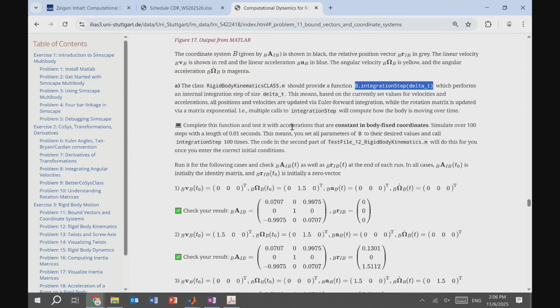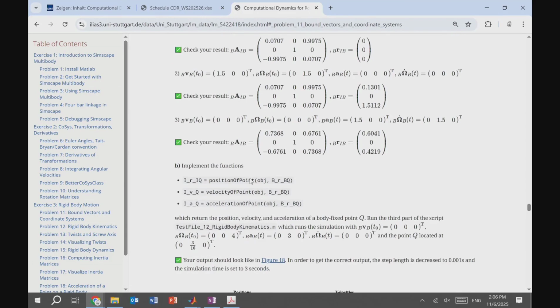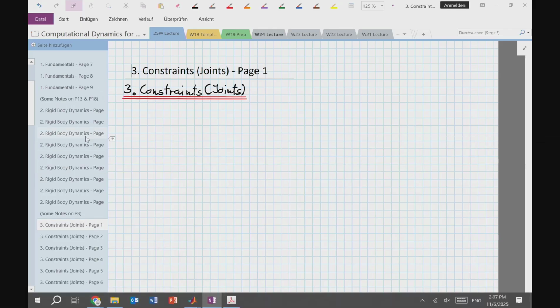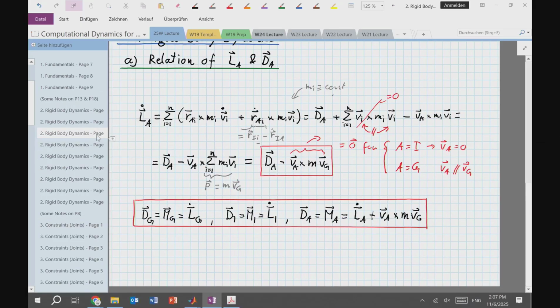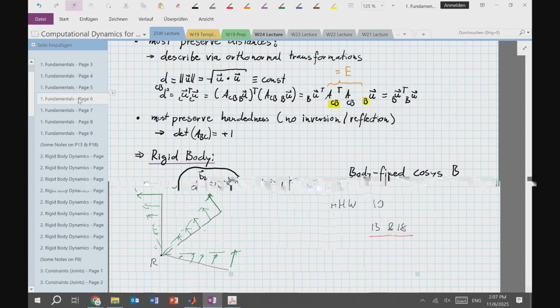There are some test cases here which also come with additional functions: position of a point on the body, velocity of a point on the body, and acceleration of a point on the body. This is straight up the implementation of, so this is still kinematics.